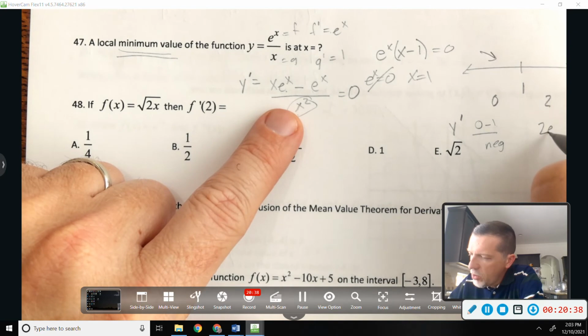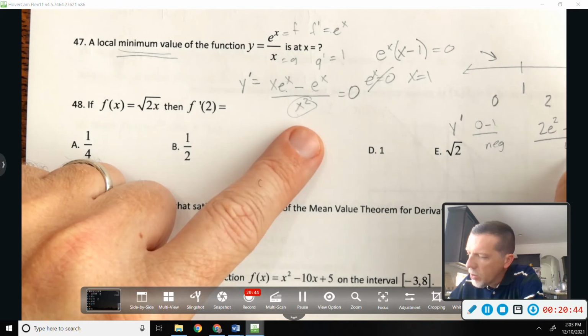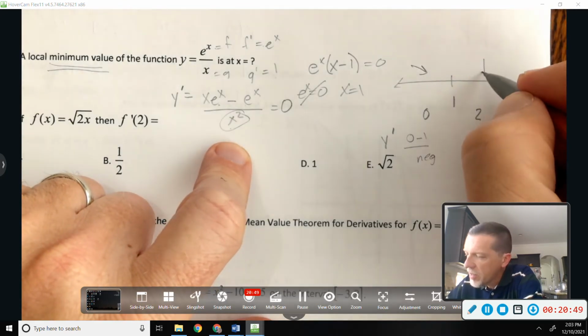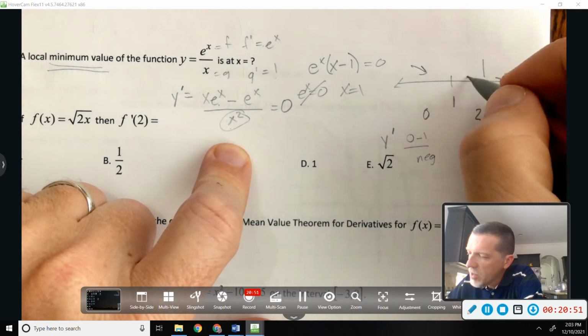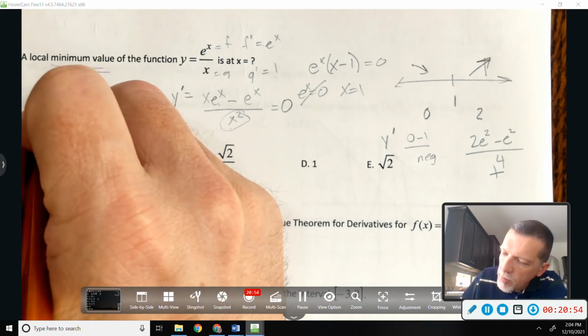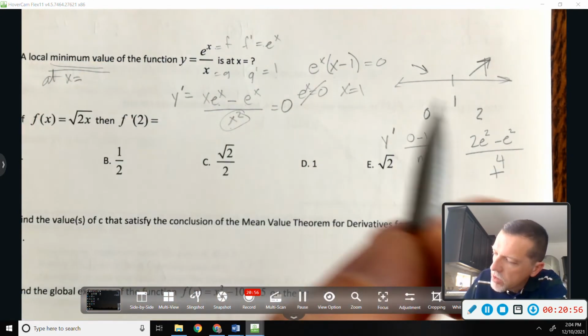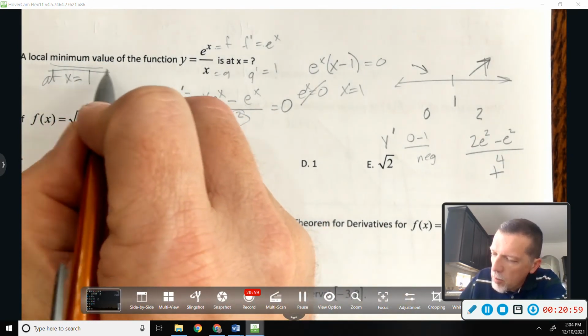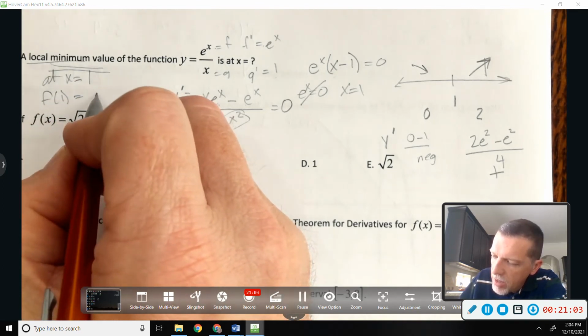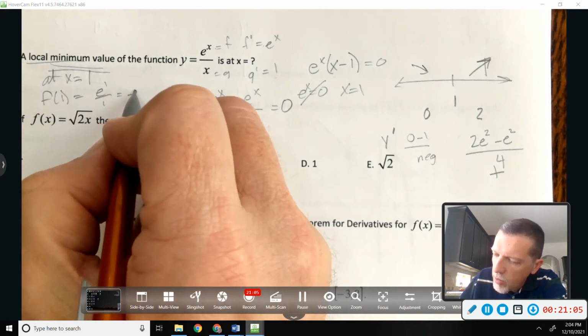I get 2e to the 2 minus e to the 2 all over 4. Well, I don't know what all that is, but it's definitely positive. So y prime is positive, f is increasing. So there's a local minimum at x equals 1, but the local minimum is f of 1. So that would be e.